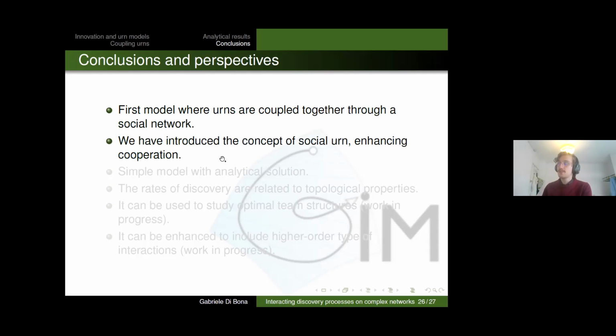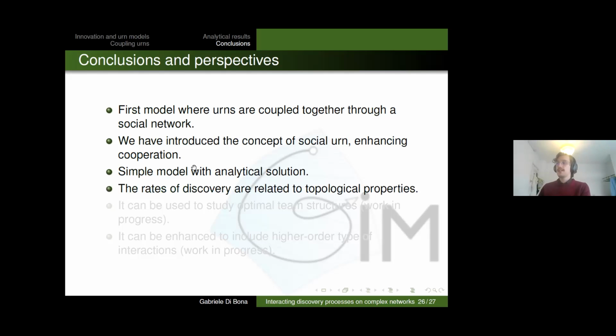But this is also the first time that the concept of a social urn is introduced in this context. And this enhances cooperation, as we've seen, with the higher exponents. But all in all, it's a simple model, and we also have an analytical solution, so we have an explanation for the things that we see.